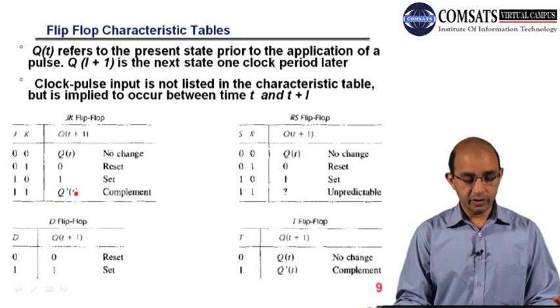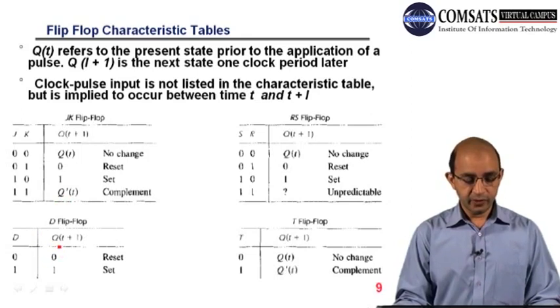It means a toggle will occur when both J and K are 1. If we have 0 as the previous state, the next state will be 1, and if 1 is stored in the flip-flop, we get 0. This is the complement, or you can name it a toggle.